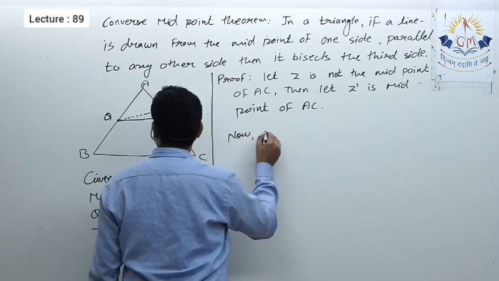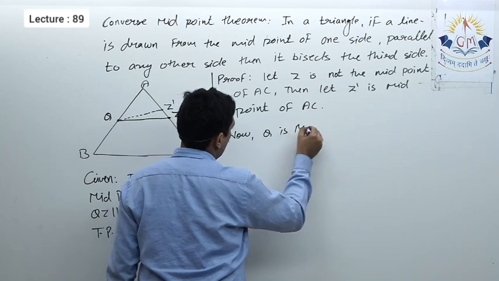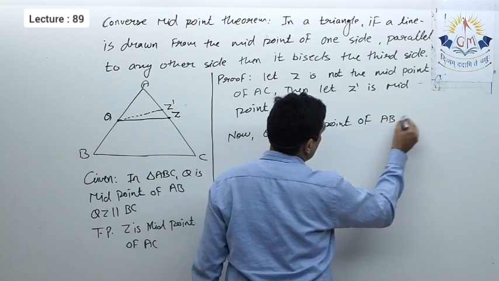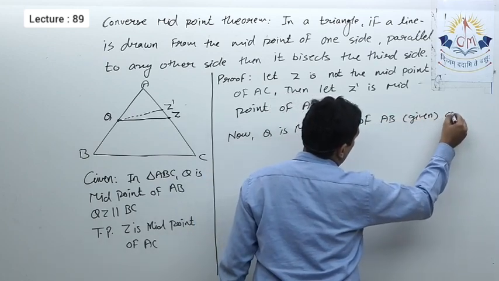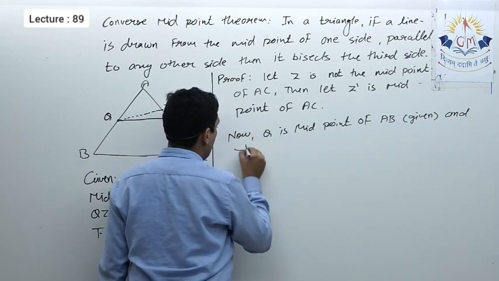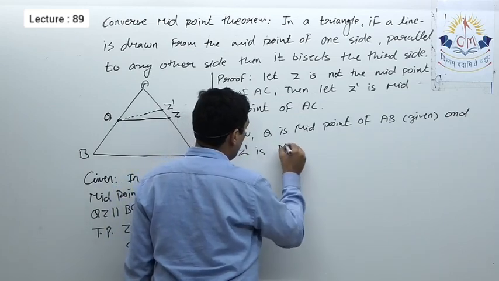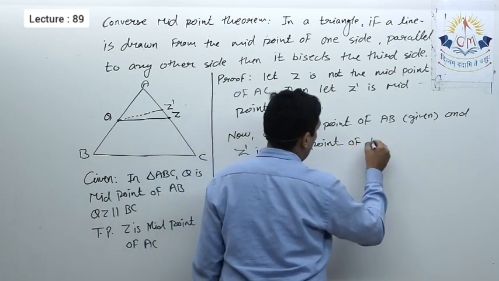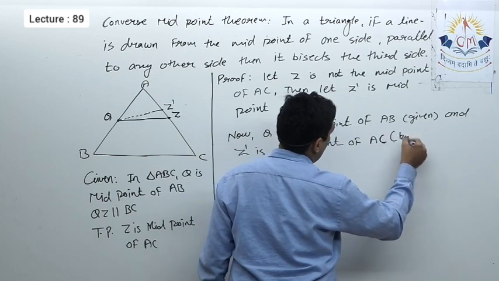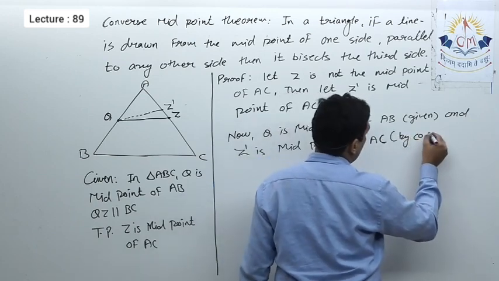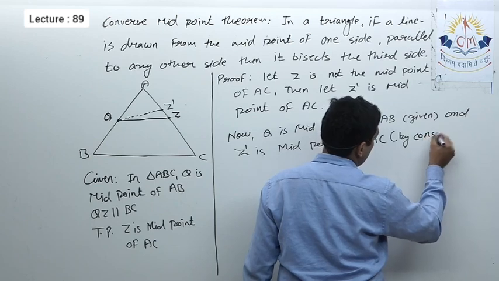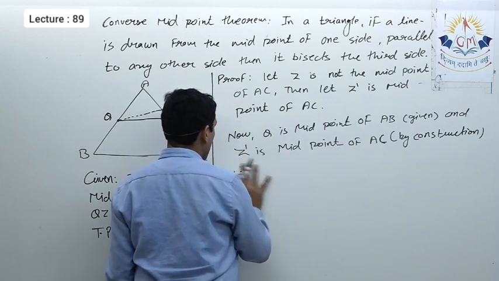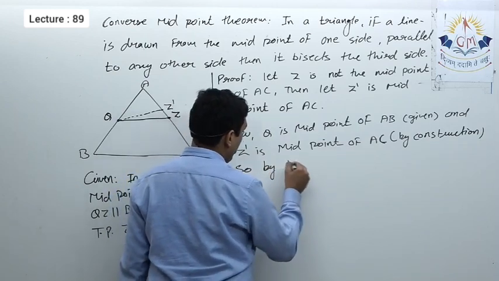Now Q is the midpoint of AB, given, and Z dash is the midpoint of AC by construction. Therefore, by the midpoint theorem.